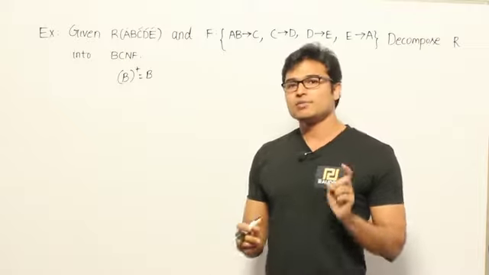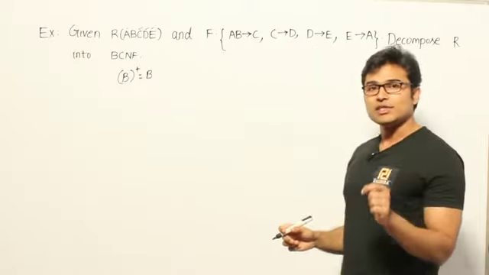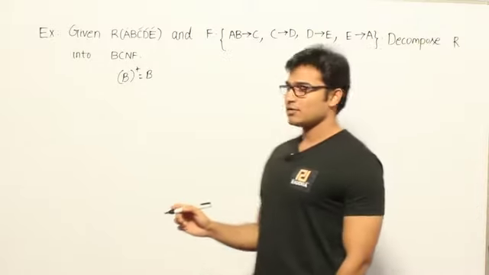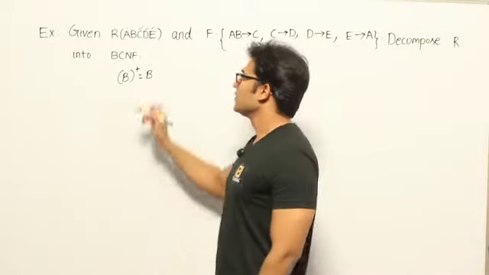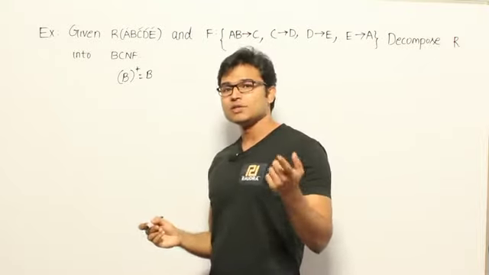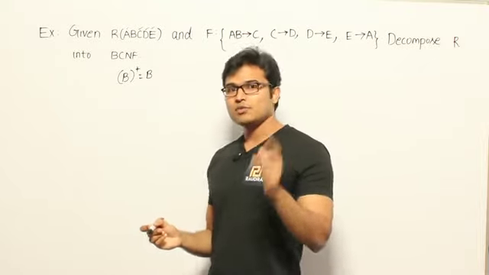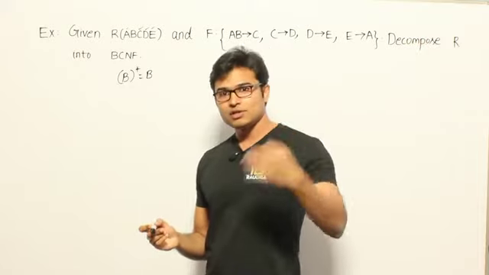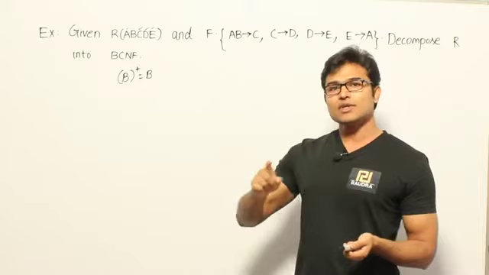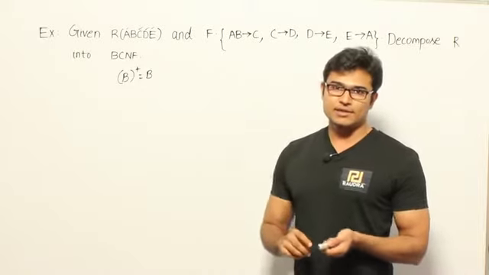Now even in two attribute cases also, you have to see that every candidate key should contain B. Therefore what are all the two attribute candidate keys possible? See, using 5 attributes we can get 5C2. 5C2 means 10. So 10 two attribute candidate keys you get, but then you need not check all of them because only candidate keys which contain B will qualify to be the actual candidate key.